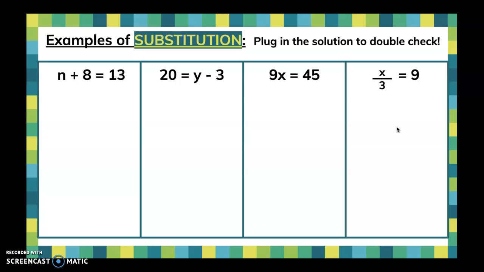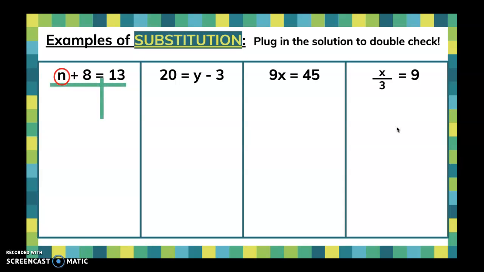Well, we don't know what n is. Looking at this first one, n plus 8 equals 13. So I need to solve for n. That way I can see if the solution I come up with works. You see that I have addition here. To undo the addition, the plus 8, what would I need to do to both sides?